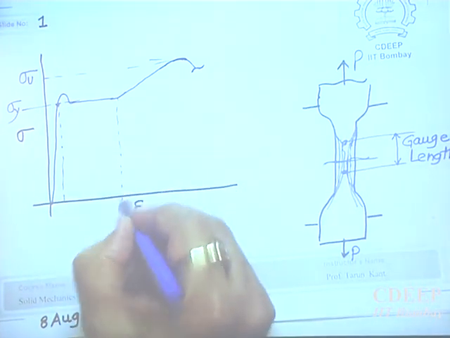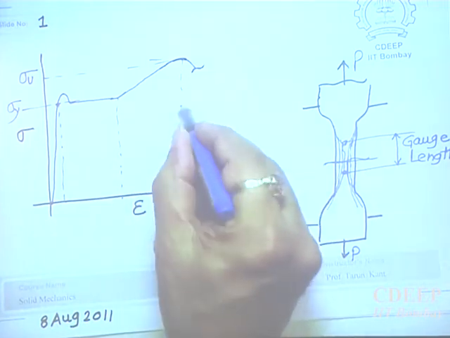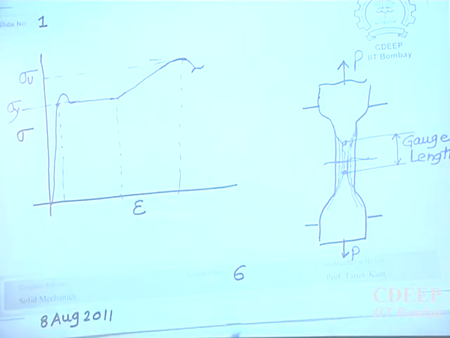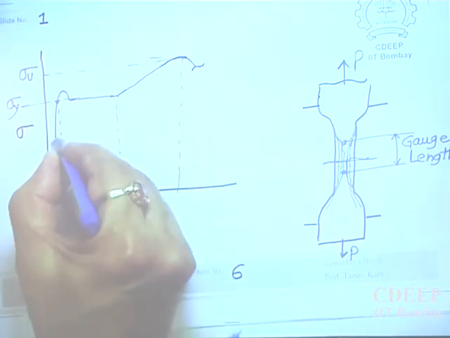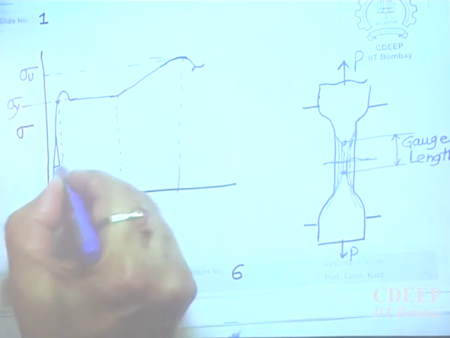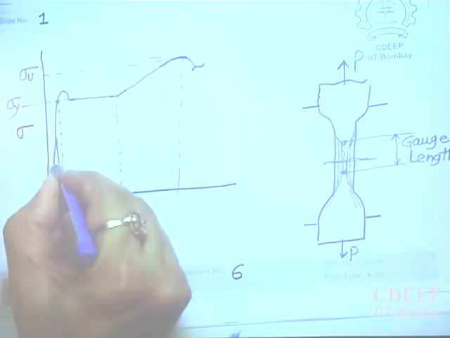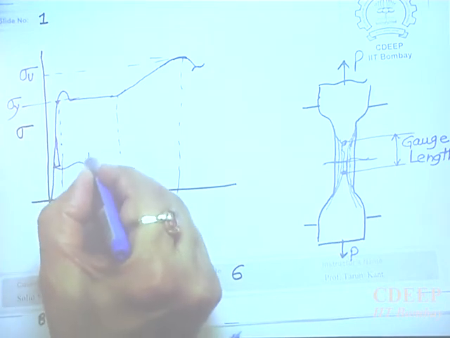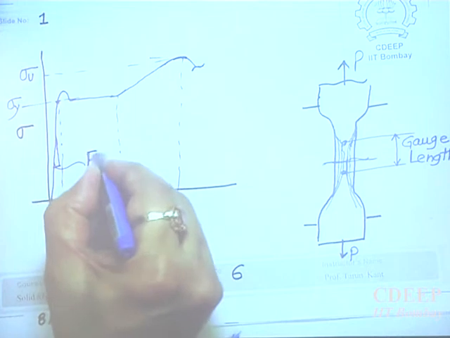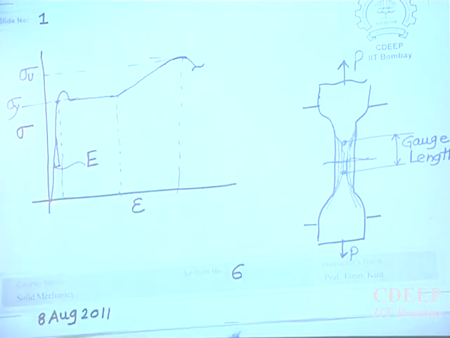I will not be able to give you the values, but they are well established. If you take the slope of the linear portion, this is a constant slope, and we call it the modulus of elasticity of the material, E.